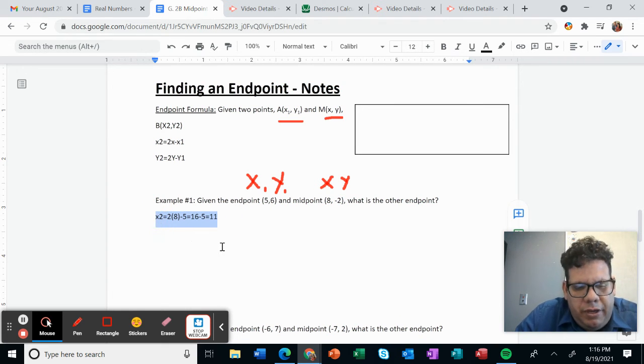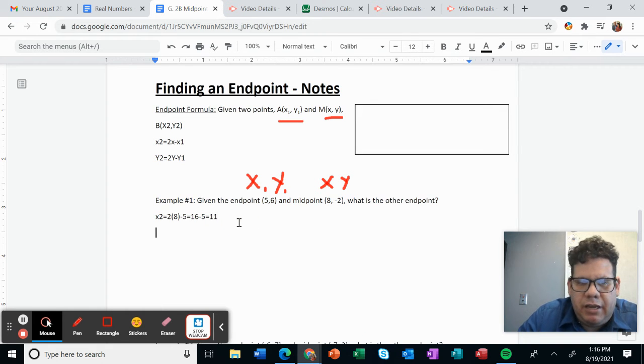Now for y2 it will be the same thing. y2 is 2 times the value of y, and y at this point is negative 2. Then you subtract the value of y1, which is 6.